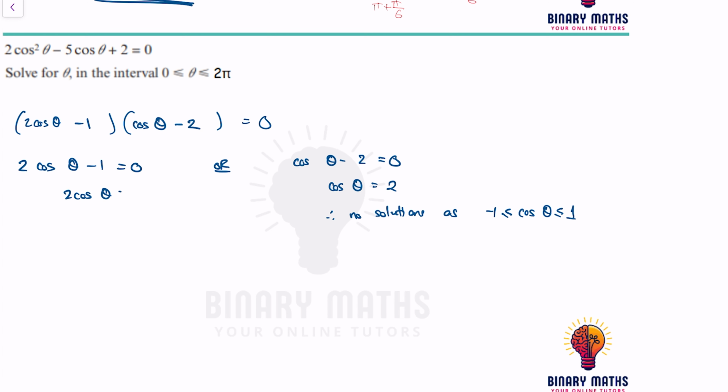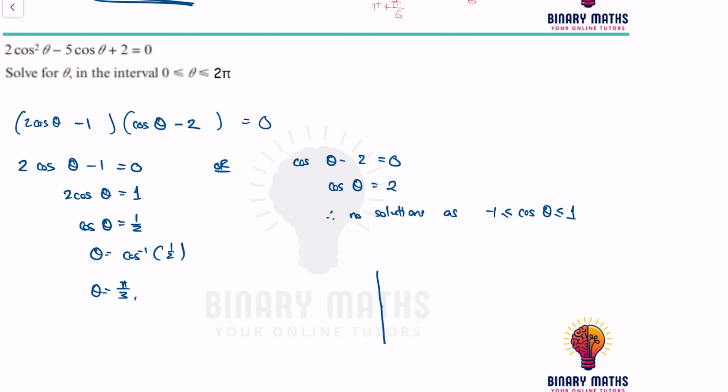2 cos theta is equal to 1, which means cos theta is equal to half. Theta is equal to inverse cos of the half, which is equal to pi over 3. You either know it from your exact trig values or you use your calculator to get your answer.